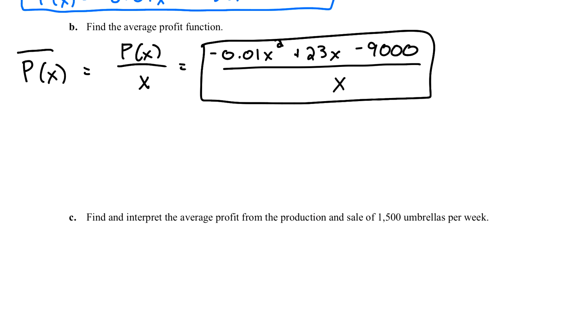In part C, all I want to do here is find and interpret the average profit from the production and sale of 1,500 umbrellas per week. So remember, that is our X value. X represents our quantity.